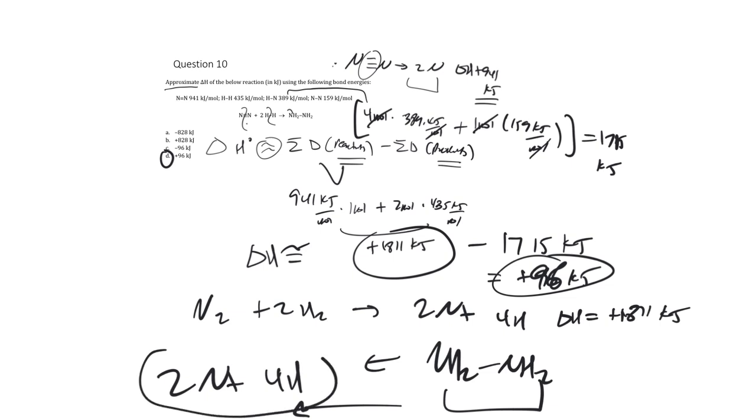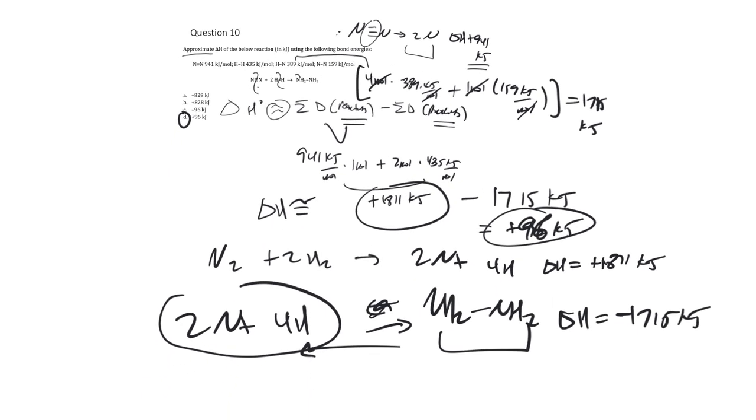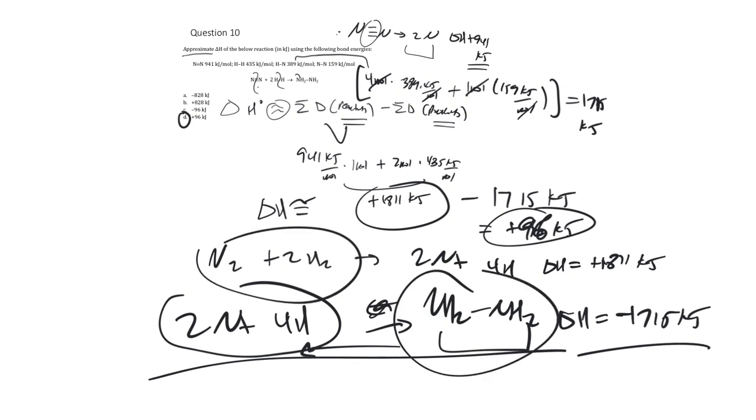So to go from the atom fragments this direction, we flip that reaction. Now it's minus 1715 kJs. So 1811 minus 1715, the delta H for the combined reaction, which is N2 plus 2H2 going to this, has the delta H of plus 96 kJs. All right, so that's the recitation activity.